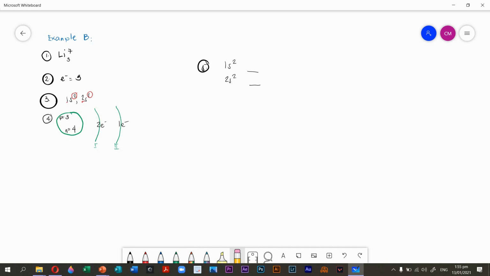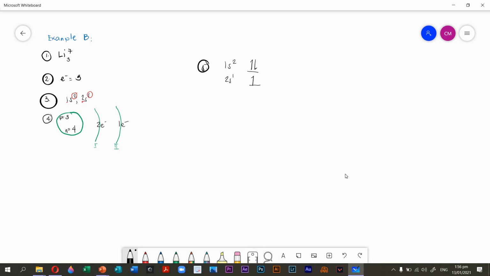So let me just write that again. 1s2, 2s1. For 1s2, you have 2 electrons to distribute: 1 upward electron and 1 downward electron. For 2s1, you're only going to write 1 upward electron because wala na siyang isang kasama pang electron.